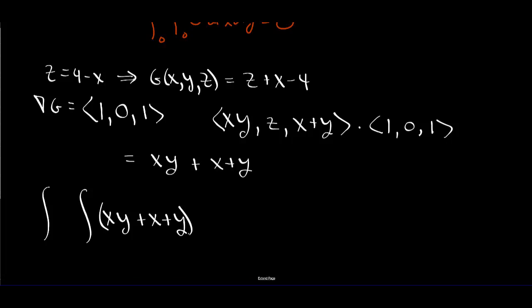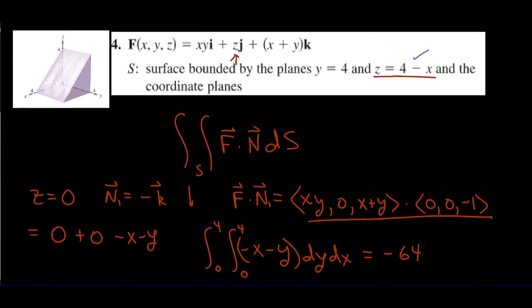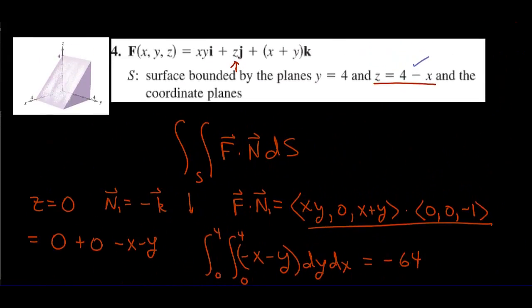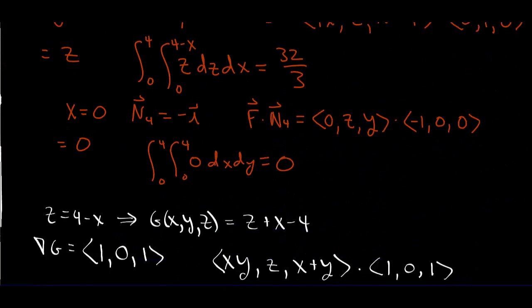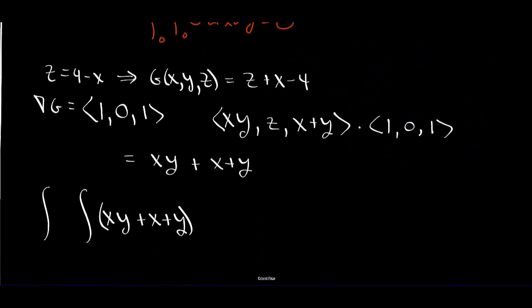And now I just have to choose what I integrate first. Remember, if you look at the region up here, I think what I'm going to do first is integrate with respect to y.